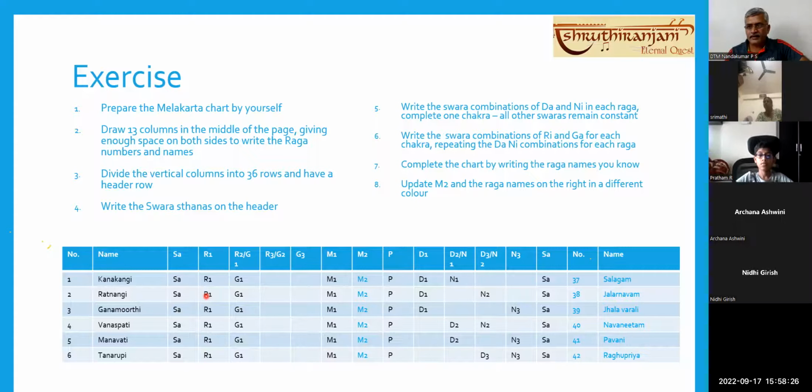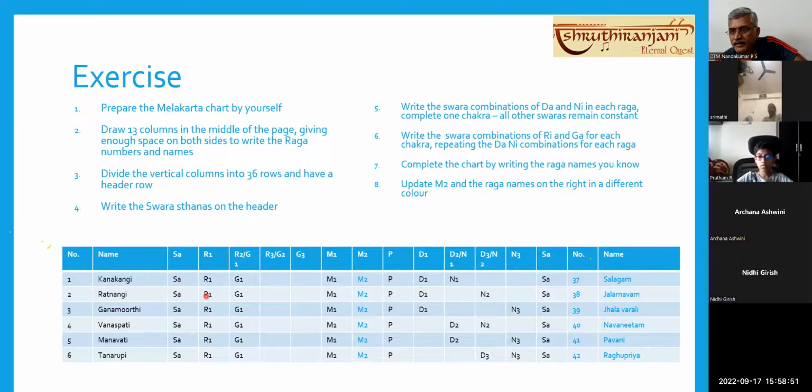Mohanam, they say it is a Janya of Harikambhoji, or it's a Janya of Kalyani, right? So there are many ways. Find out why they are saying the same raga is born out of Harikambhoji, and the same raga is born out of Kalyani. You will find that both are true, because in Mohanam you don't have Ma, you don't have Ni. Sa Ri Ga Pa Da Sa, Sa Da Pa Ga Ri Sa.